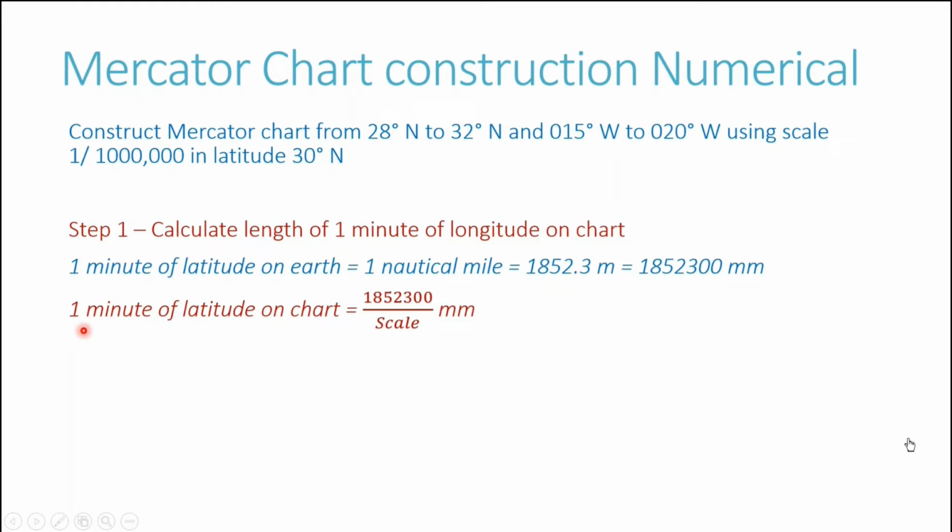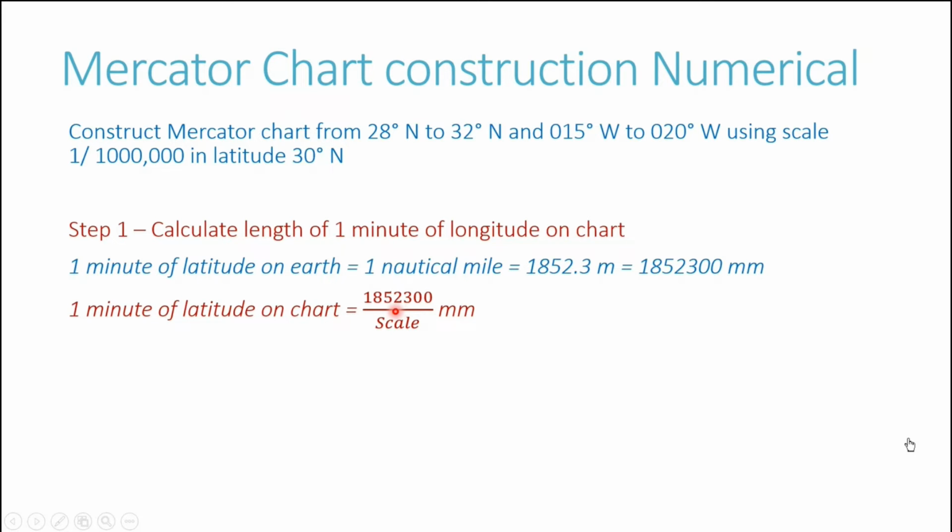Now, 1 minute of latitude on the chart will be how long? We can easily find this out. Once you know the length of 1 minute of latitude on Earth, you can easily scale it down and find what will be its length on the chart.